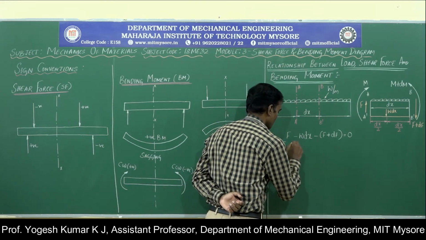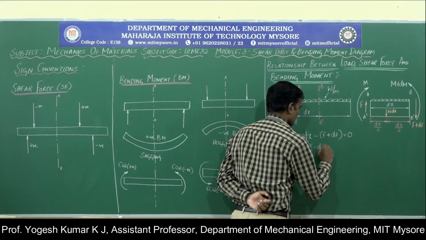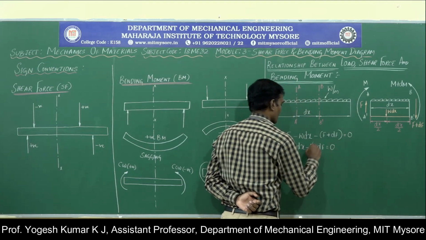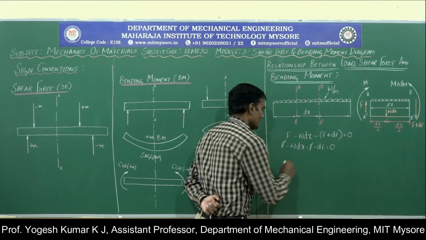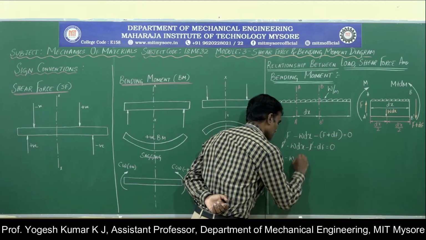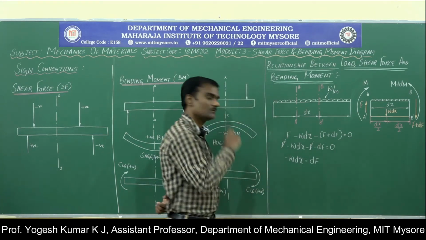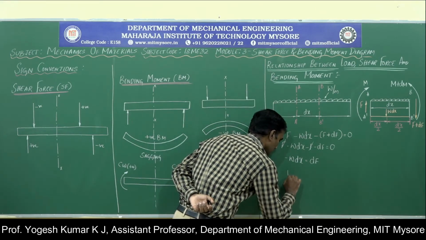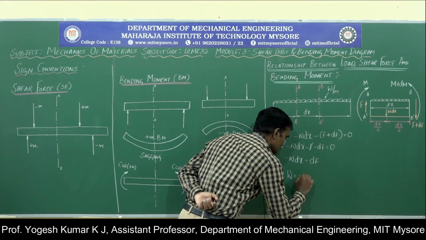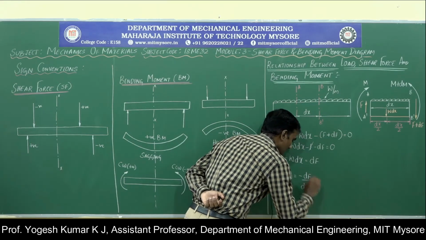Let us simplify. F cancels because it is positive and negative. So minus W dx equals dF. Therefore, W equals minus dF by dx.